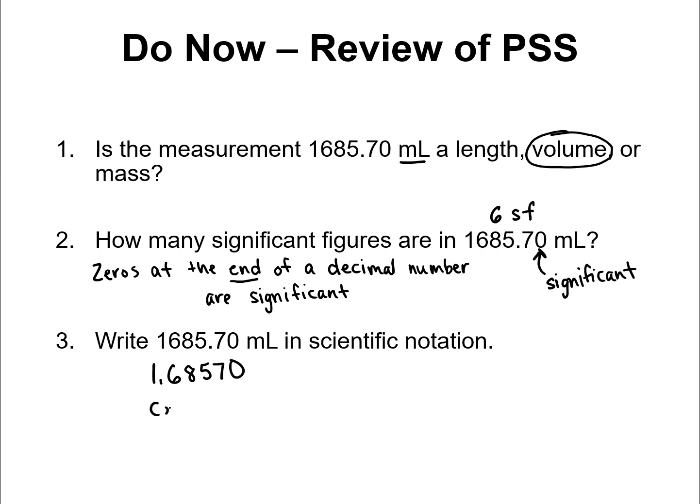That's your coefficient. Since all of the numbers are significant, all of the numbers are part of your coefficient. So it should be 1.68570 times 10 to the third milliliters. So your coefficient contains all sig figs in your ordinary number.